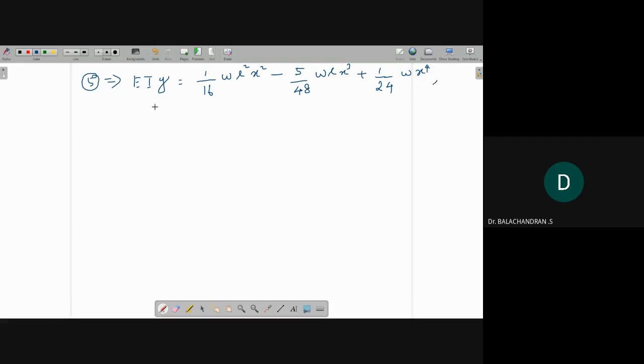Which is the required equation of the deflection curve or elastic curve? Equation of the deflection curve.